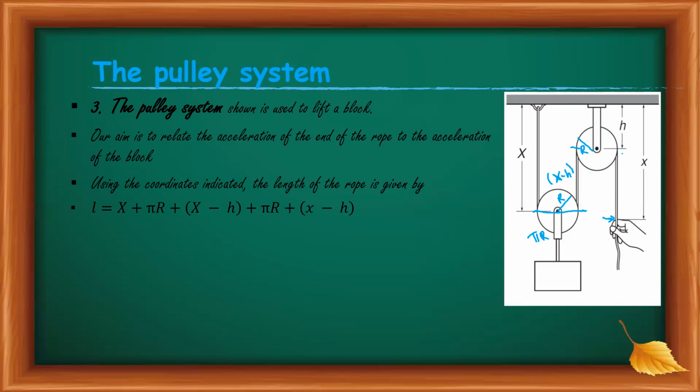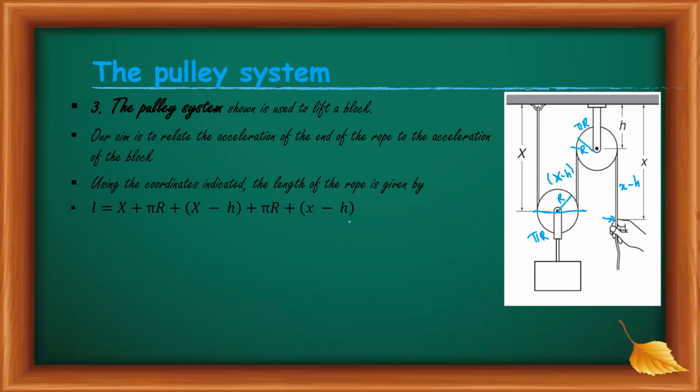This small x, and this quantity is also pi r. From this point to this point, it must be small x minus h. Then look at the sum: L is equal to X plus pi r plus x minus h plus pi r plus x minus h.